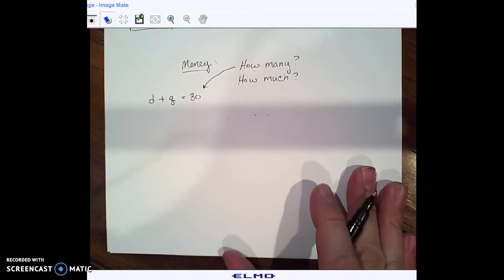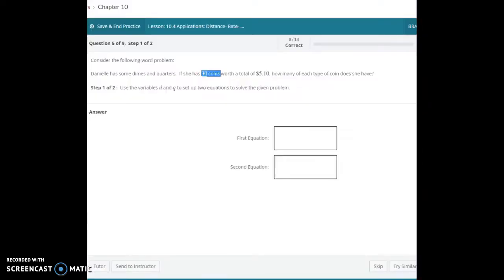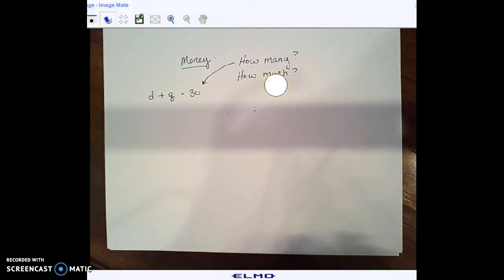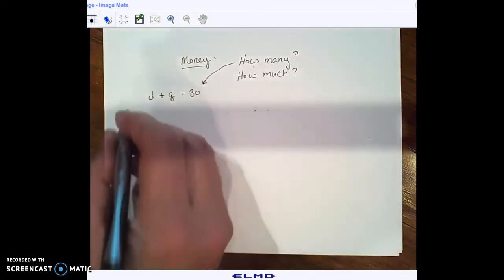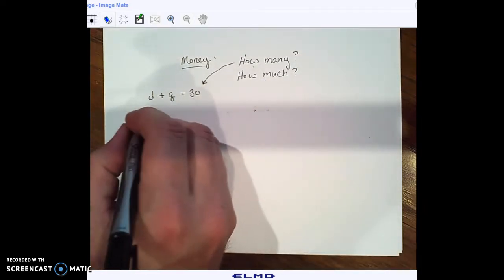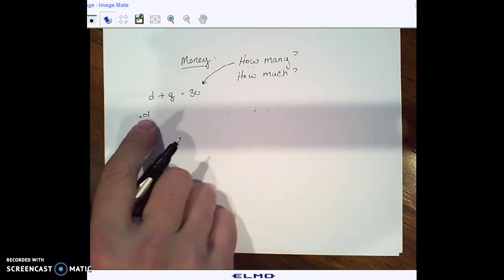But now we need to know how much. Well, let's jump back over to our question here. It says she has 30 coins, and those coins are worth a total of $5.10. So that's going to answer our how much question. Well, our number of dimes times what it's worth, so that's 0.1, because that's 10 cents.